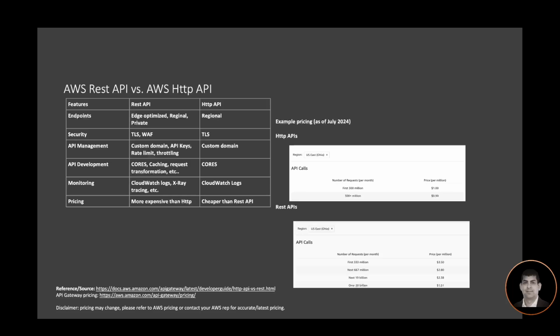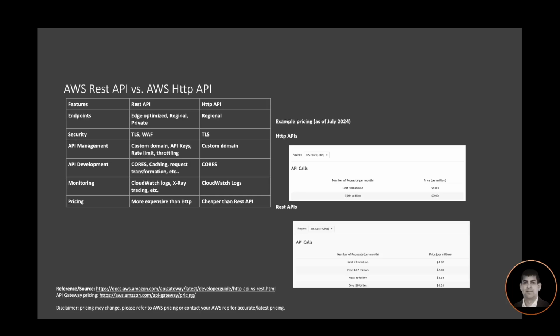And here is an example of pricing as of July 2024, based on the pricing published on the AWS site. I have the link here for your reference. But if you see it, HTTP API in general is one third of the price. The first 300 million requests are like $1 per million.